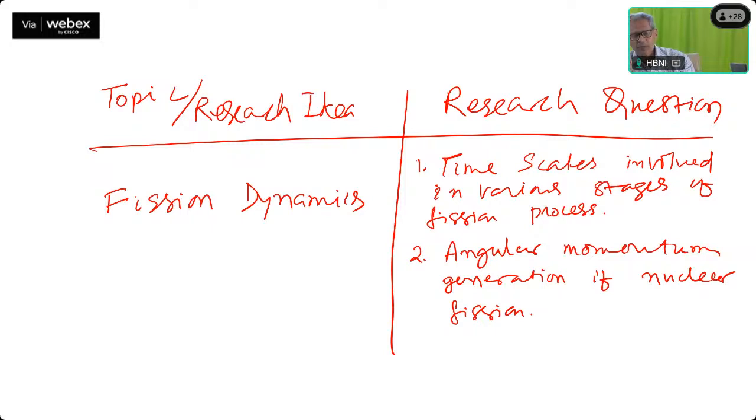Whether angular momentum is generated before the two fragments are split, or how this angular momentum comes from zero to 10 to 12 units. So if you have a good research question, then your research idea and research topic will be good.